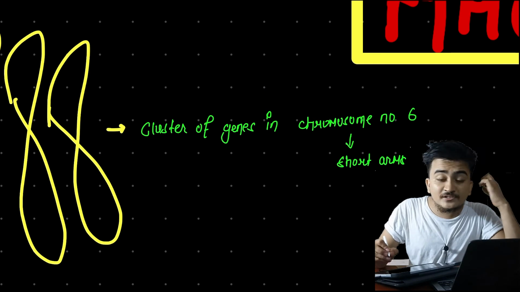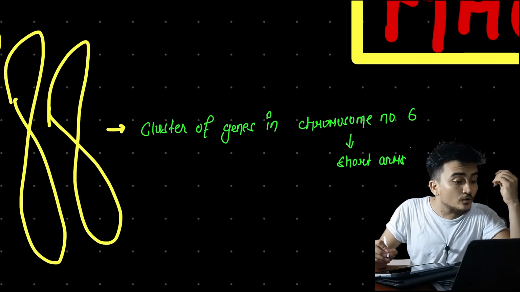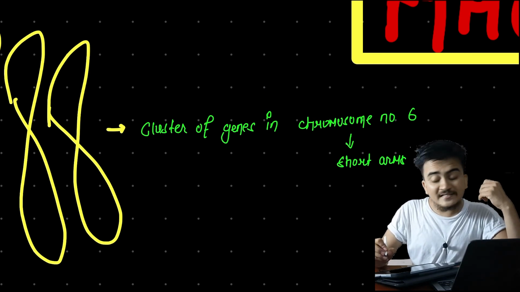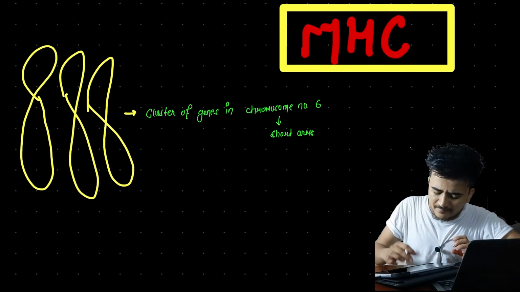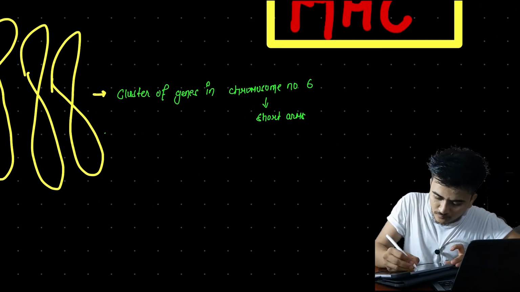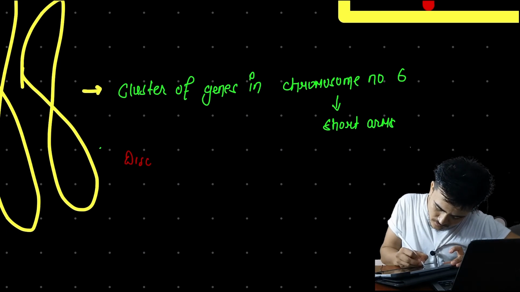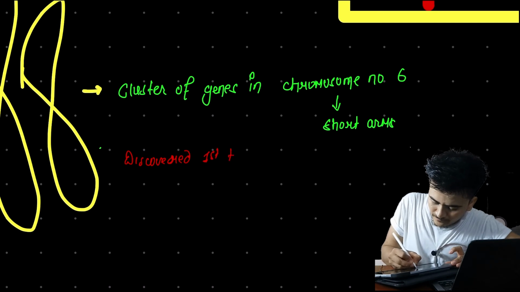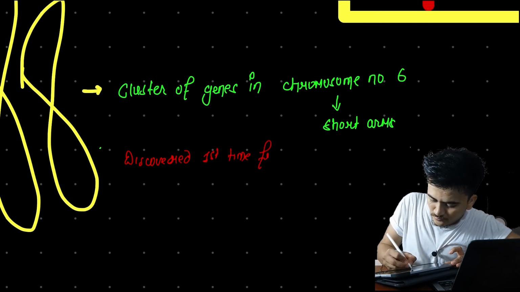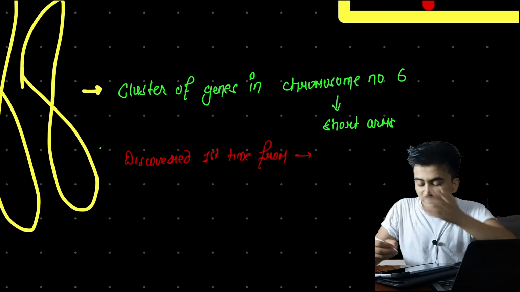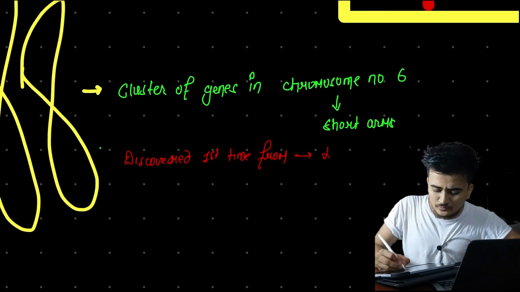Since these were for the first time discovered in leukocyte, they are also called human leukocyte antigen. What I said is, these MHC were first time discovered from what? From leukocyte.